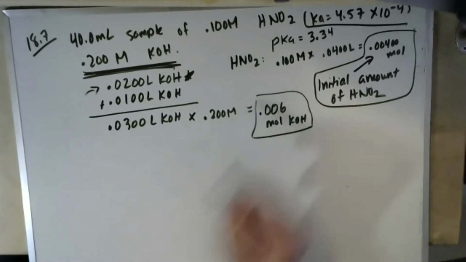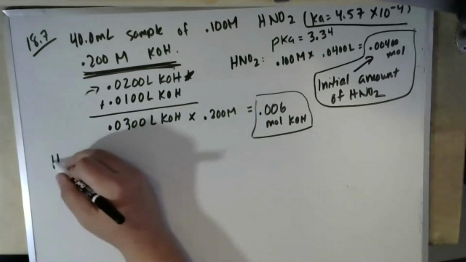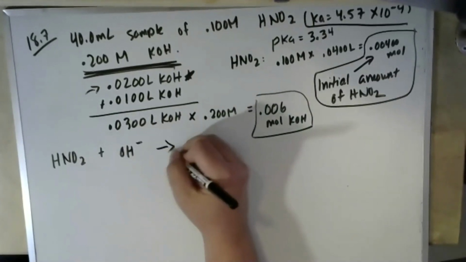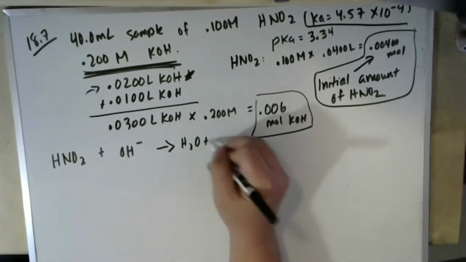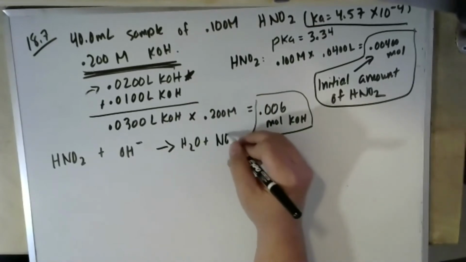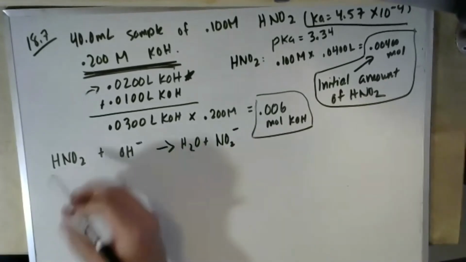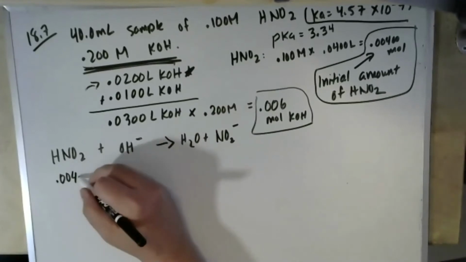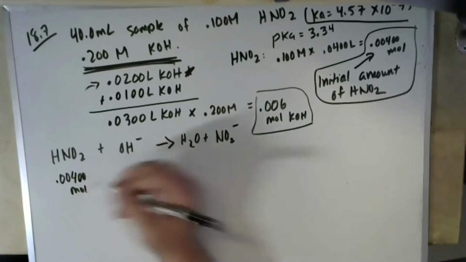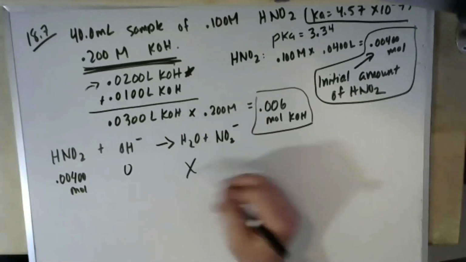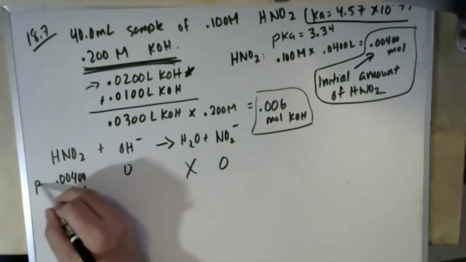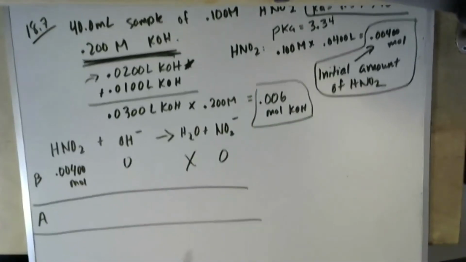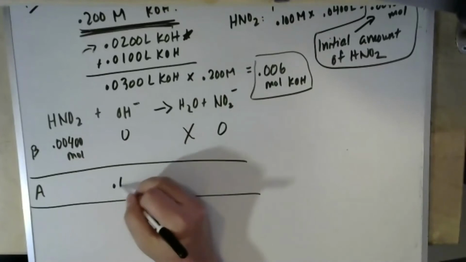We have the moles of KOH that we're adding. Okay, so our initial or before addition is going to be 0.004. And our addition in this case is going to be the 0.006.